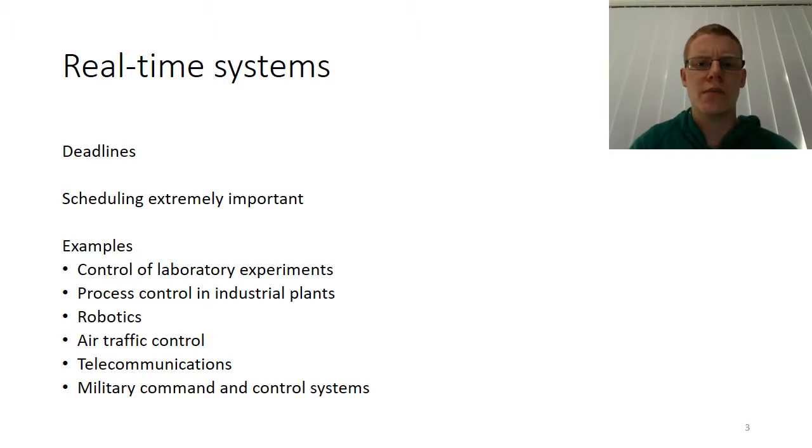A real-time system is one in which we introduce the concept of a deadline for tasks. When we've been discussing processes and tasks so far, we haven't considered the idea that that process needs to finish by a certain time.